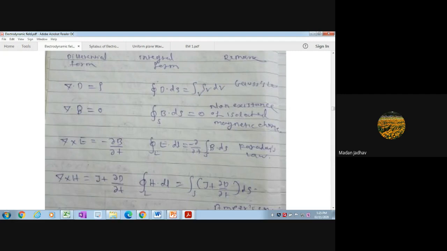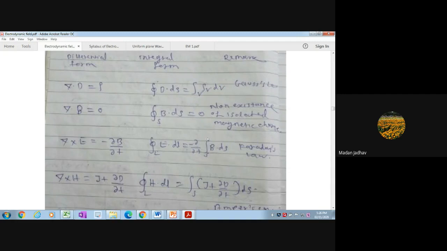You can also take the differentiation inside the integration and write it as the integral of minus dou B by dou t dot ds, taking the surface integration.